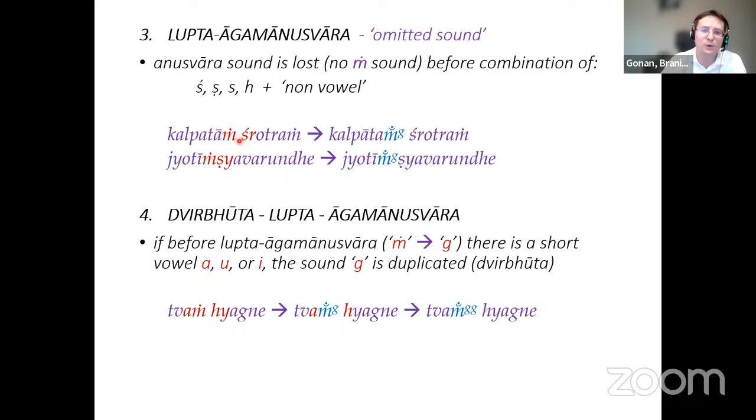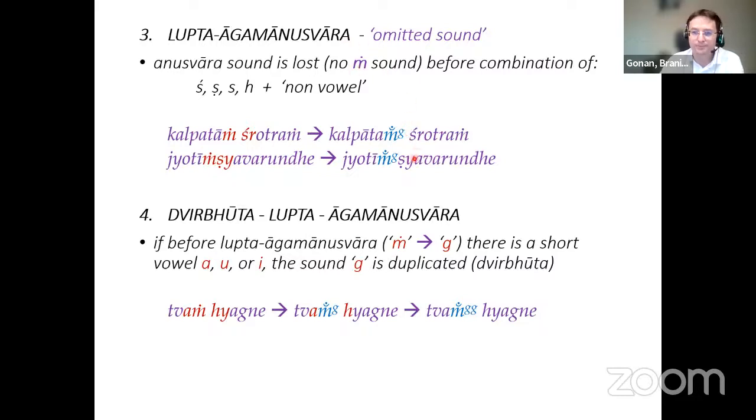we are omitting anusvara as a sound. So, for example, when we have the combination anusvara plus sh, s, h plus a non-vowel, in those cases, for example, kalpatam shrotram, then it is kalpatag shrotram. So it's not gum anymore. That's why this m sound we are omitting, right? So no m sound.